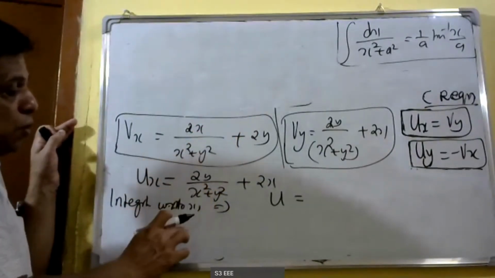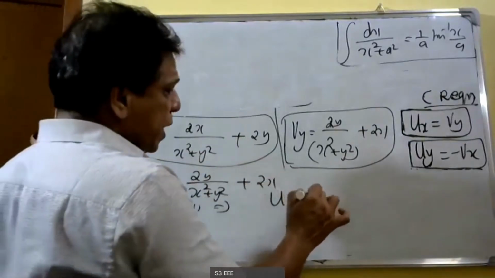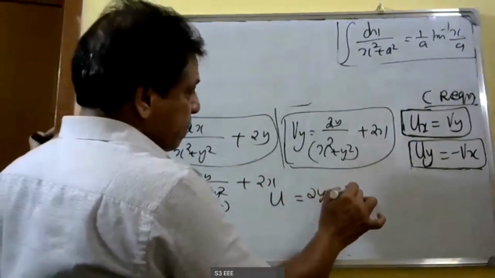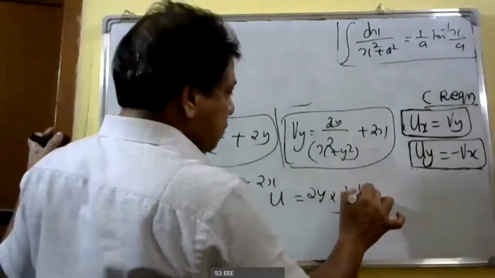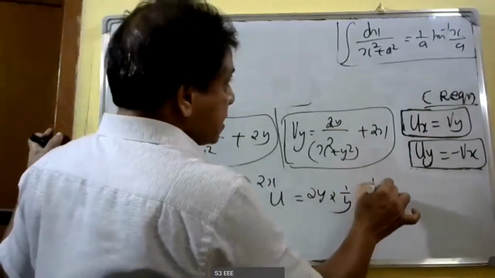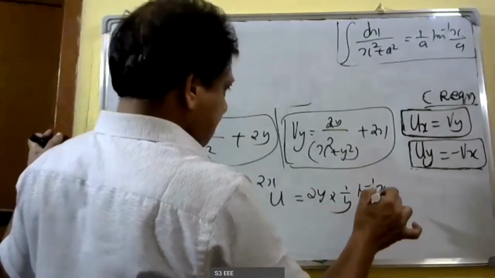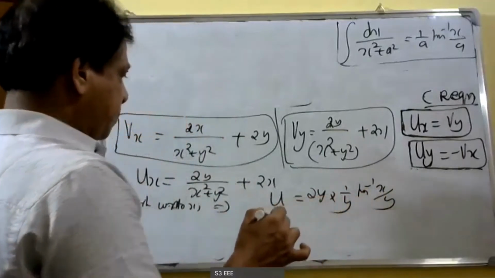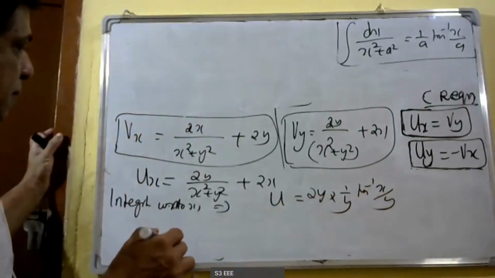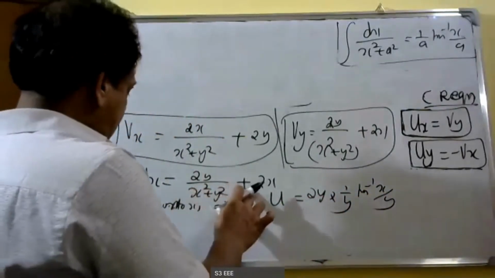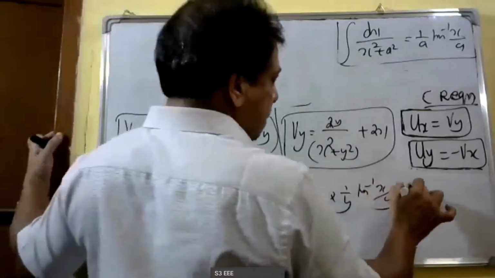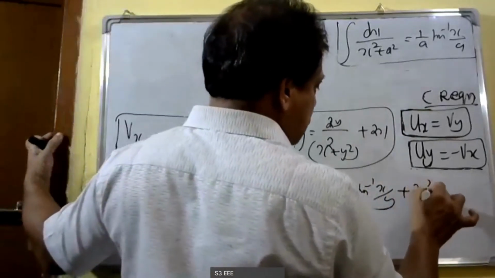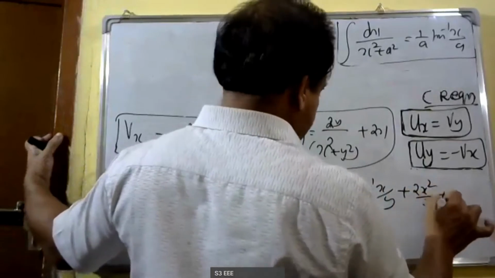Therefore, we apply the formula: 2y × (1/y) tan⁻¹(x/y) + 2x²/2 + φ(y).